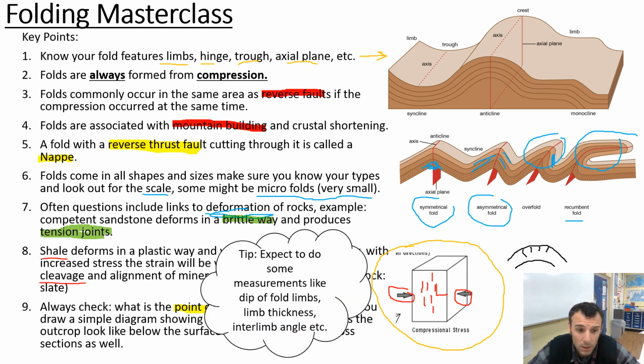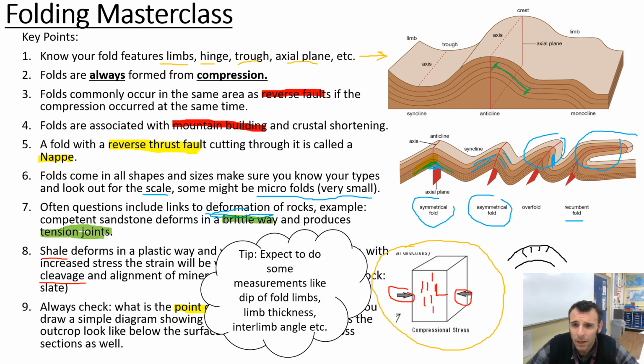You can't actually read this because I'm in the way, but I'm just going to pause. So the tip is expect some measurement, like I mentioned before. So interlimb angle, or it might be the length of a particular limb in here somewhere.